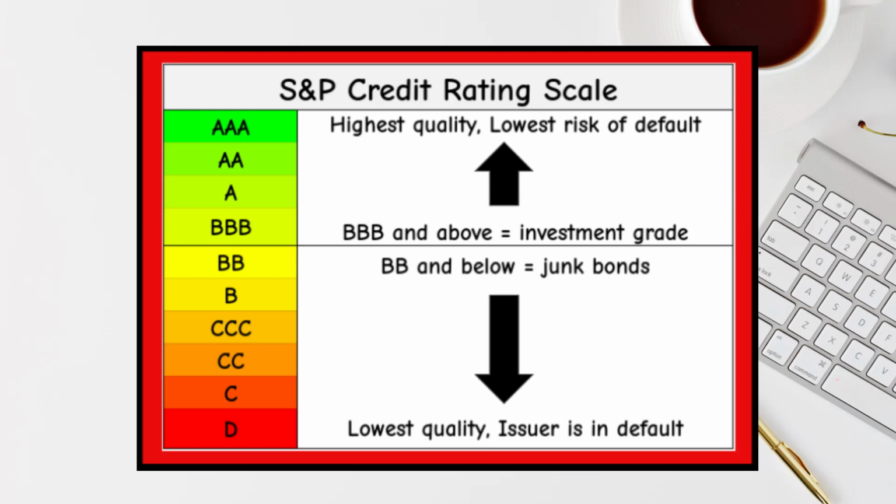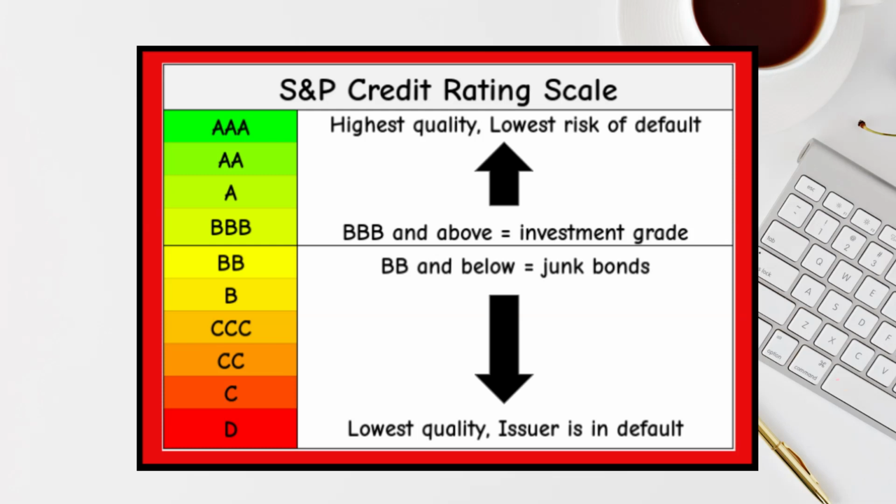Generally, a AAA rated bond is the highest quality with the lowest risk of default. As the grades go down, the risk associated with those grades go up. We then have AA, A, triple B, double B, B, triple C, double C, C, and then the lowest, D. Any bond that is graded triple B or higher is considered to be higher quality or investment grade.